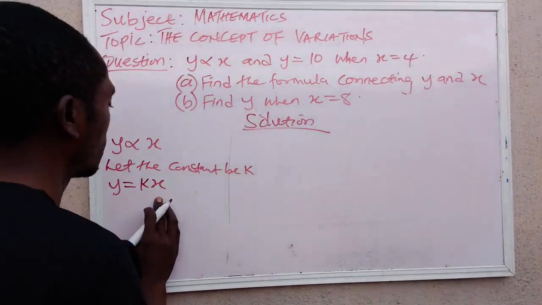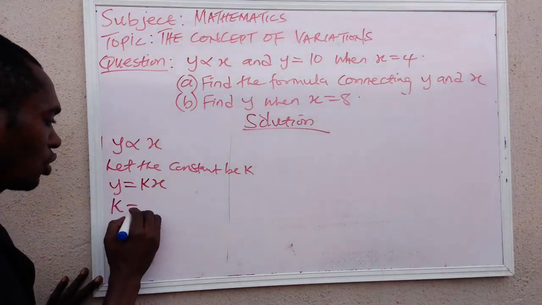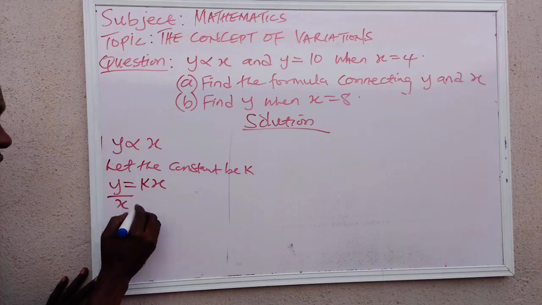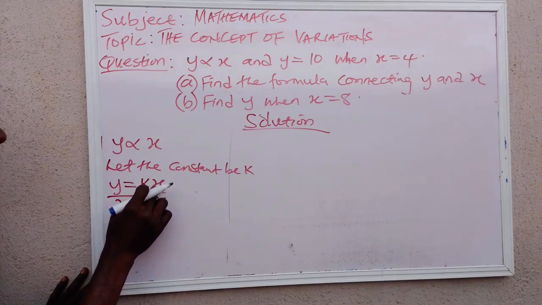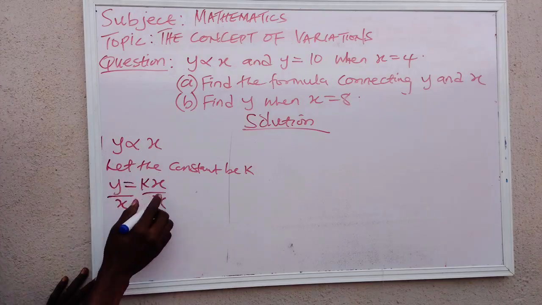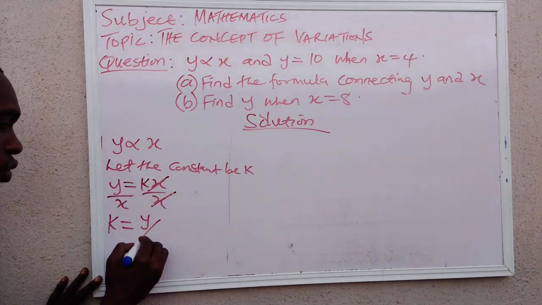Now, the next thing to do is to make k the subject of the formula. So k is equal to, and to make k the subject, I divide both sides by the term that is attached to k. It's x that is attached to k here. This cancels this, and I have k equals y over x.